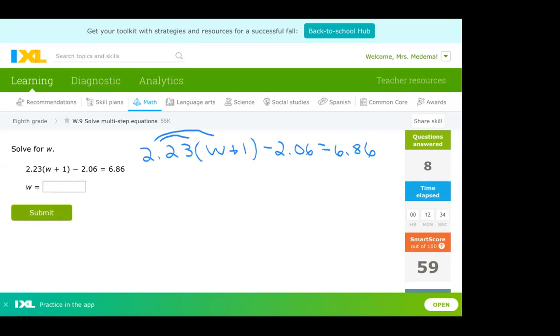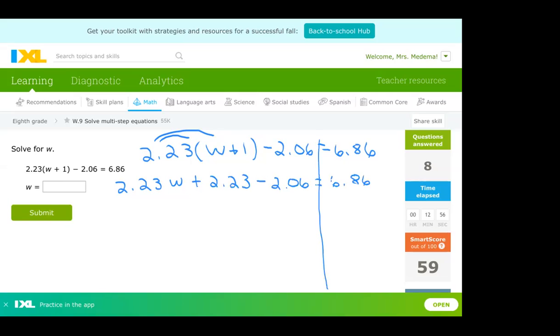So we're going to go to 2.23w, and then plus 2.23, because 2.23 times 1 is itself, minus 2.06 equals 6.86.